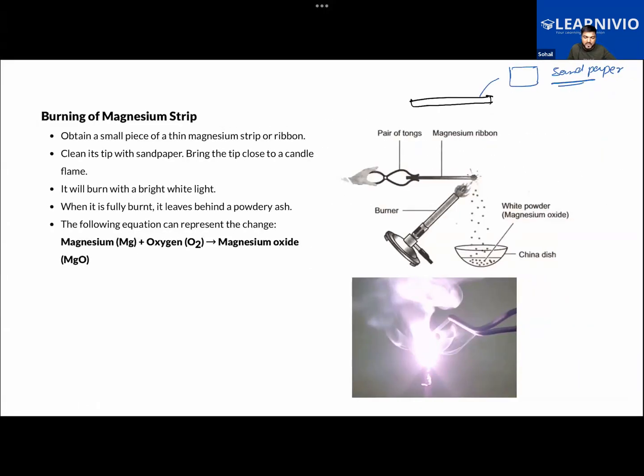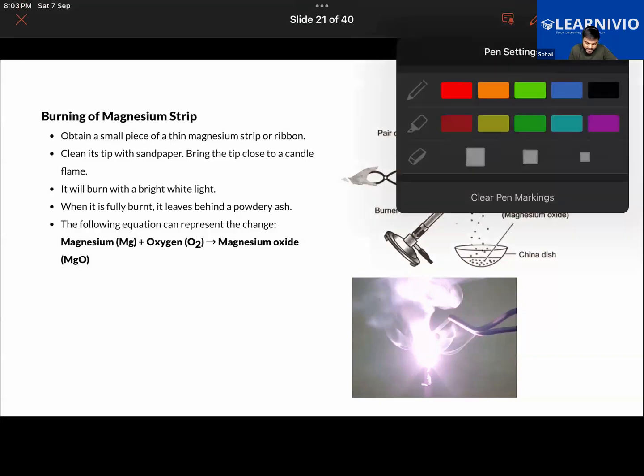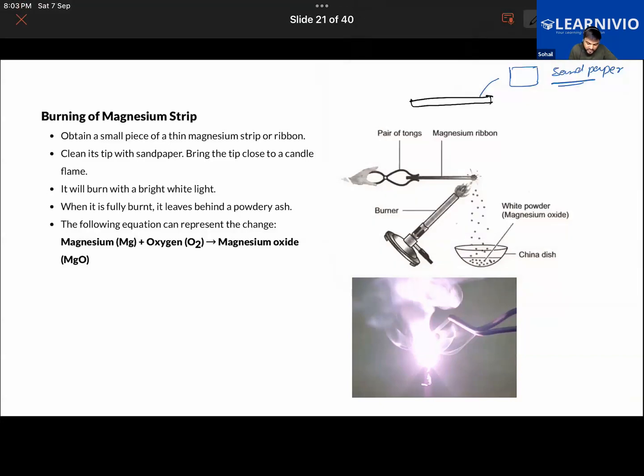So we have taken a small strip of a magnesium ribbon and cleaned one of its ends with the sandpaper. So the question is why we have to clean it with the sandpaper? Because over time, this magnesium would have reacted with the oxygen in the atmosphere and would have deposited a layer of magnesium oxide on it.